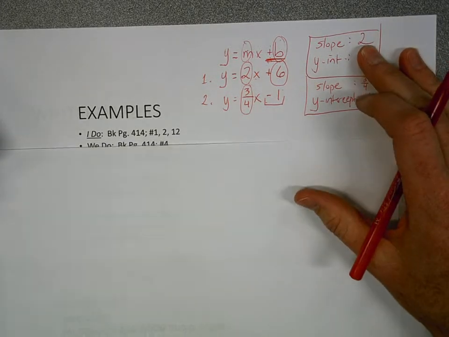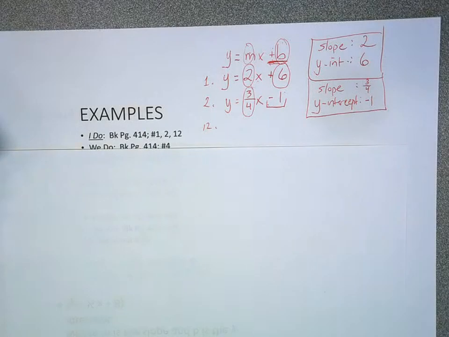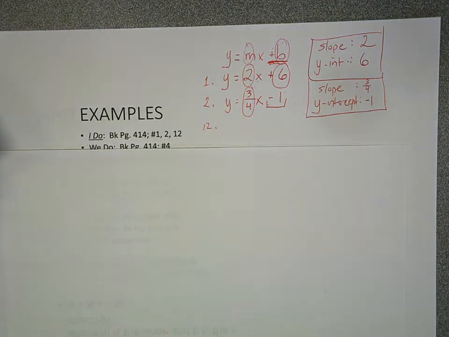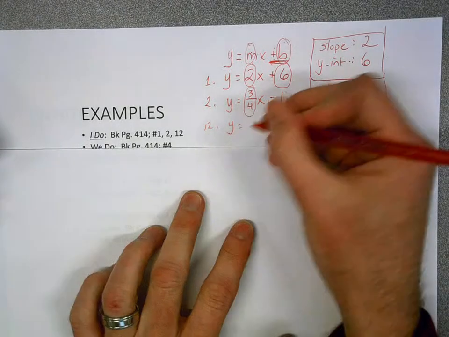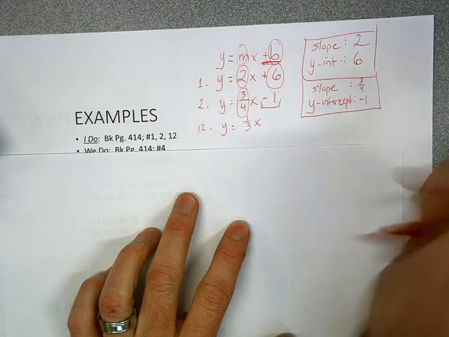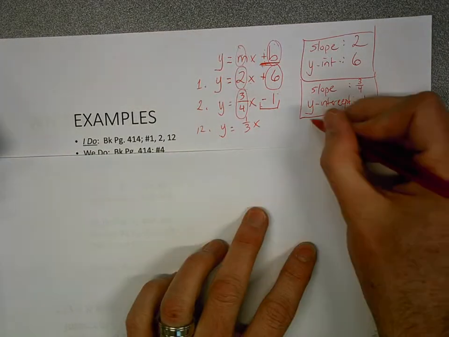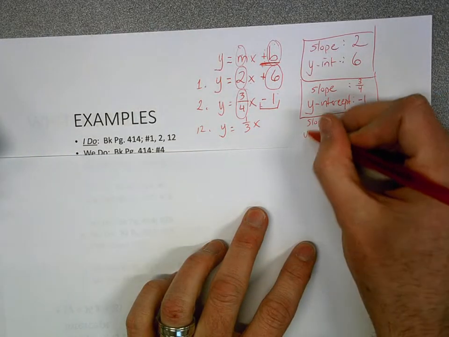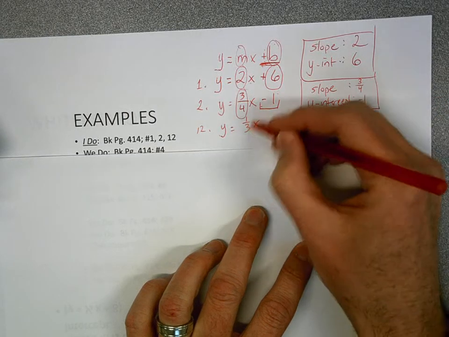Now, I'm going to do one more. Problem number 12. Here's what they give us: y is equal to 1/3 x. Well, slope, y-intercept. The slope is right before the x.